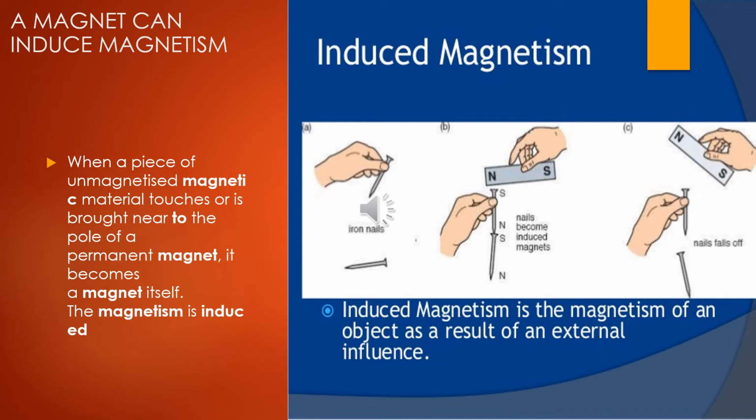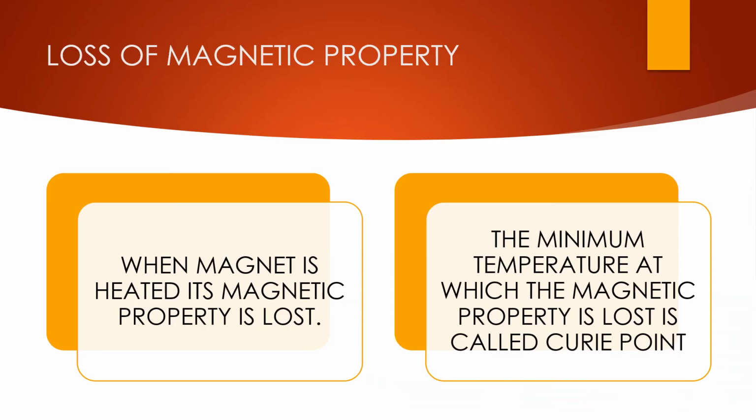The second diagram shows that a bar magnet is brought near this iron nail, and this iron nail now gets attracted to the magnet, and it also attracts the second iron nail, which shows that the first iron nail is magnetized. So this property is known as induced magnetism.